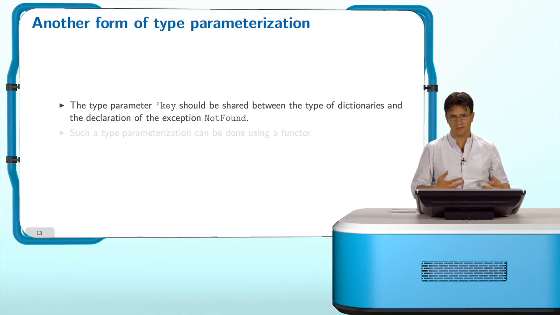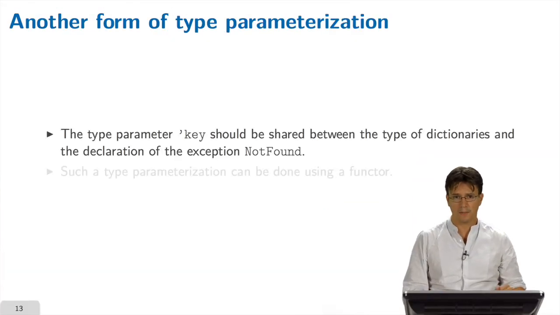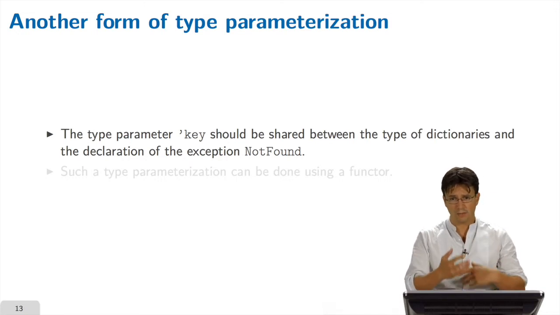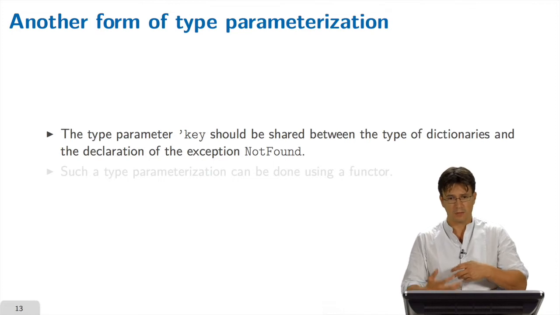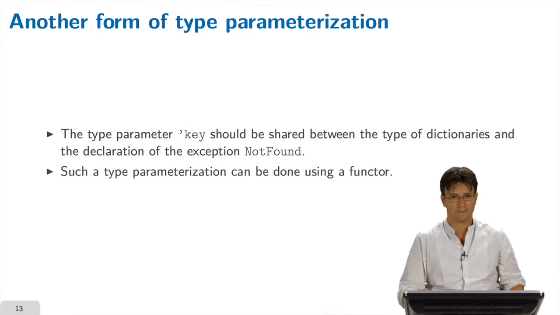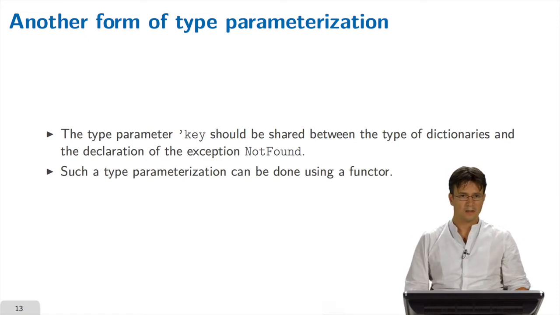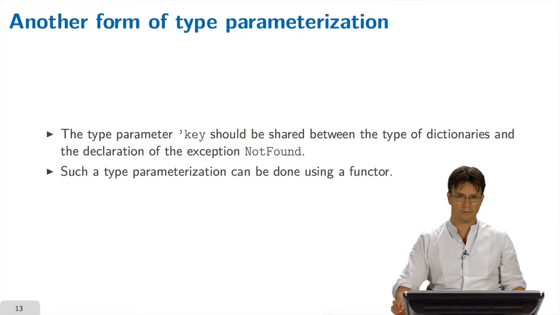It would be a more informative exception. But it was not possible because the type parameter 'key should then be shared between the type of the dictionaries and the type of the exception, but the type of an exception in OCaml cannot be polymorphic. In fact, such a type parameterization can be done using a functor.